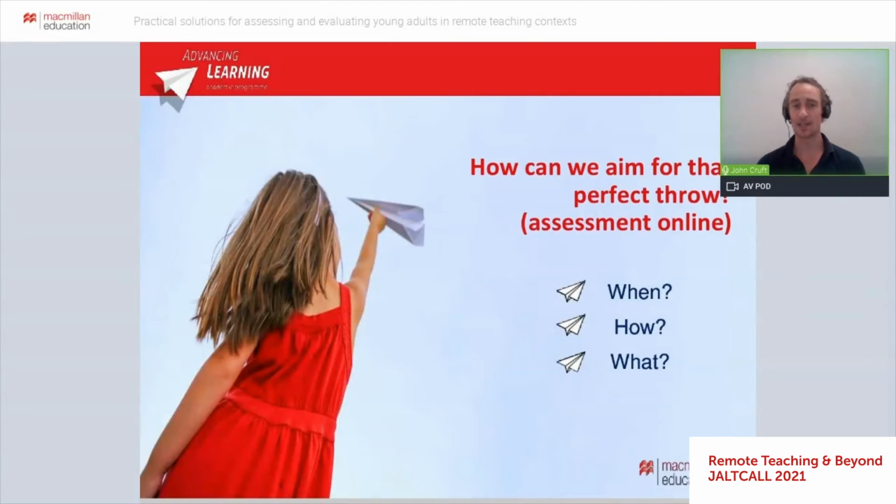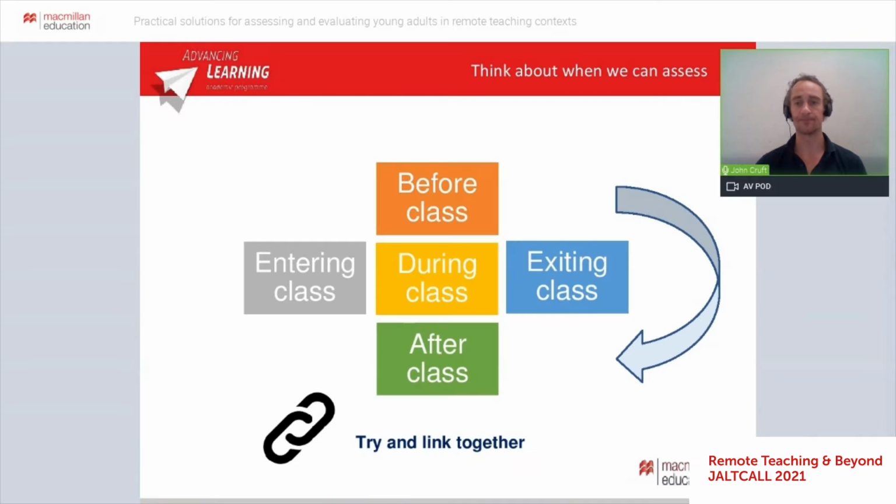And I feel that's quite similar to, for example, online assessment. If we don't plan our paper airplane, get it right, we can certainly come crashing down quite quickly. So we're going to have a look at when we can assess students, these ongoing informative assessments, and how we can do that, and what kind of tools we can use.